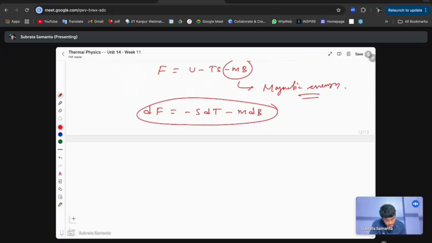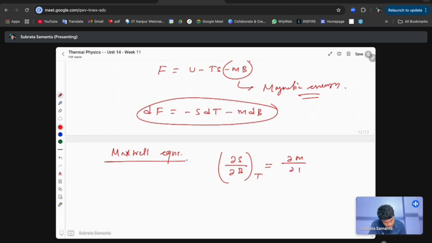So one of the Maxwell equations then becomes: del S over del B at constant temperature equals del M over del T at constant B. This is one of the Maxwell equations.